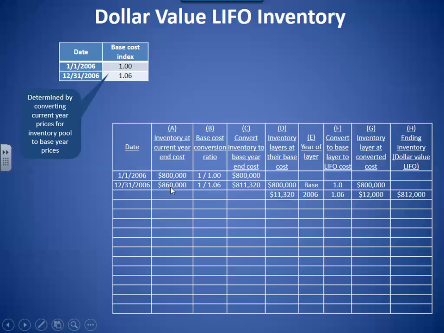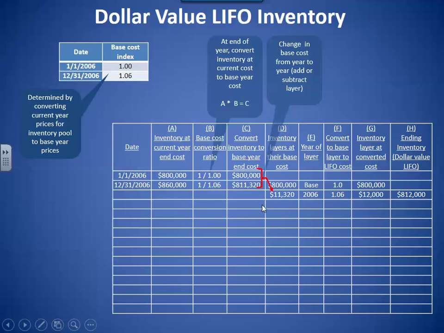And that makes sense since we were saying the $800,000 is our base year cost. Now what we do is, now we have inventory that is valued at our current year-end cost, $860,000. But now we need to convert that back to our base cost, utilizing our base cost conversion ratio, again 1.06, and the calculation is $860,000, our current cost, times 1 divided by 1.06, and that comes out to $811,320.